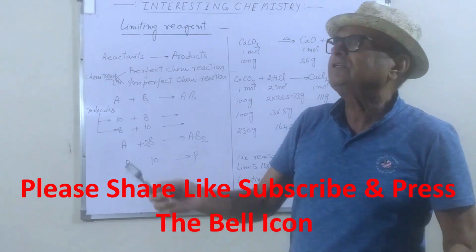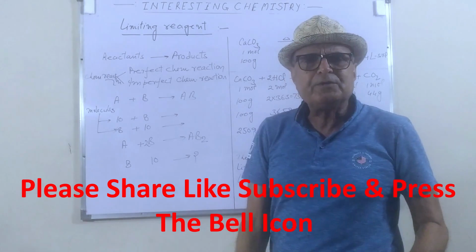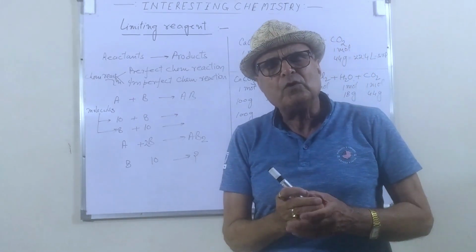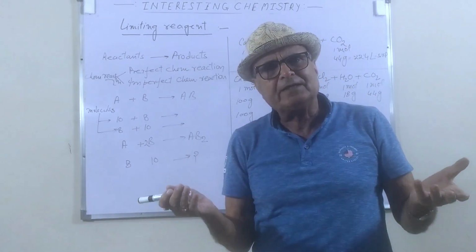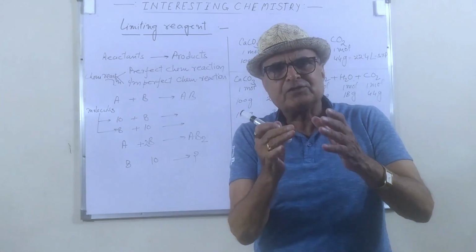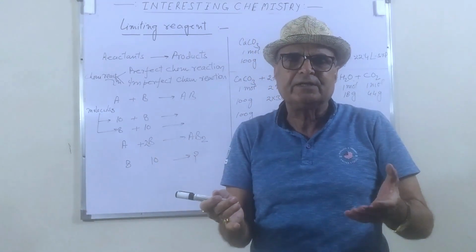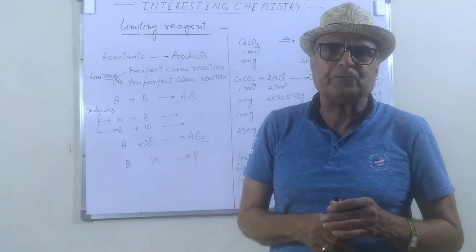So mostly this limiting reagent is related to the reactants. It means it's a chemical compound which takes part in a chemical reaction. So how is one reactant called a limiting reagent? I am going to explain to you.